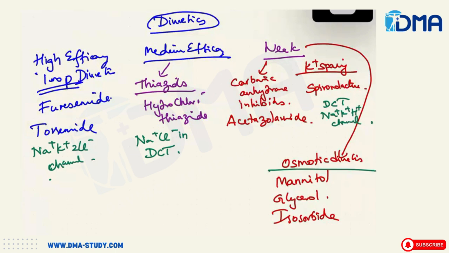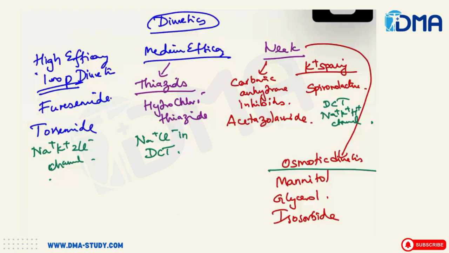Osmotic diuretics, how do you think they will act? They cause hyperosmolarity of the blood. When the blood becomes hyperosmolar, it will absorb the edema, the interstitial fluid in the body, and bring it inside the intravascular space, thereby increasing the intravascular volume.